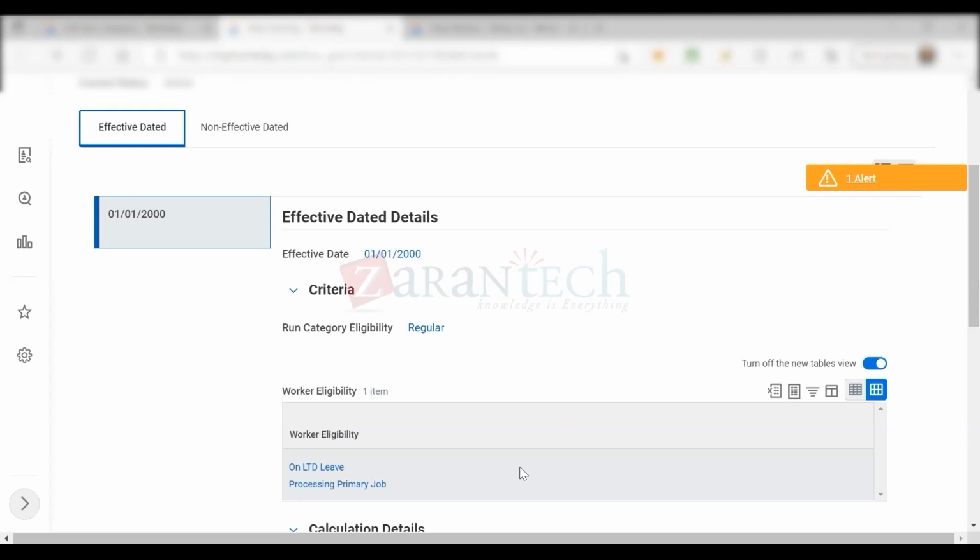So it is taking system resources, which makes my payroll processing slow. So the key thing is: the tighter your eligibility, the faster the execution, or faster run, of your payroll process.